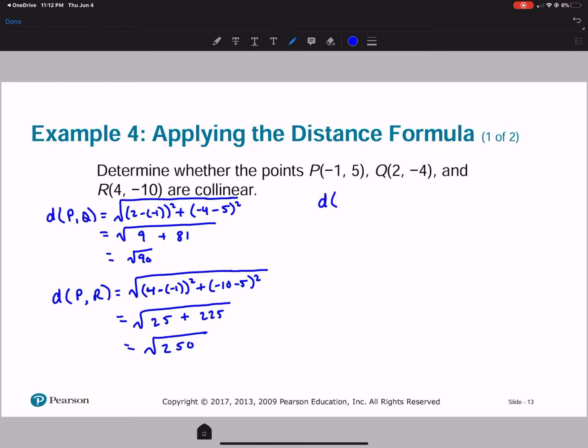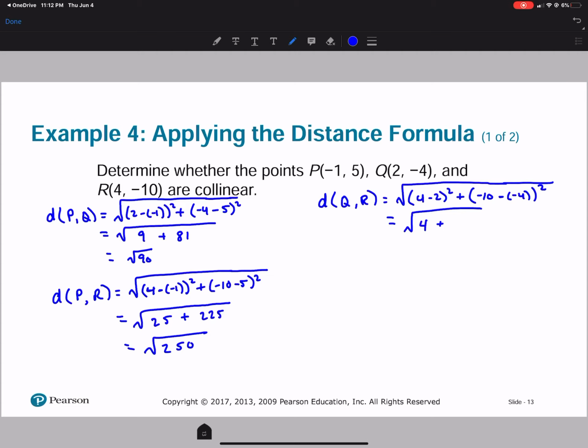Now we're going to look at the distance from Q to R. Which would be 4 minus 2 squared, plus negative 10 minus negative 4, and we're going to square that. So we got 2 squared, which is 4.